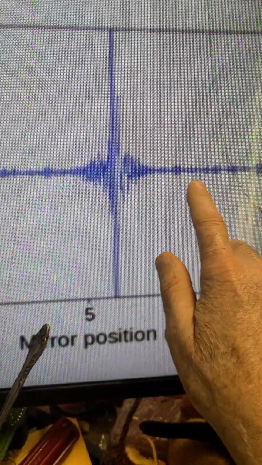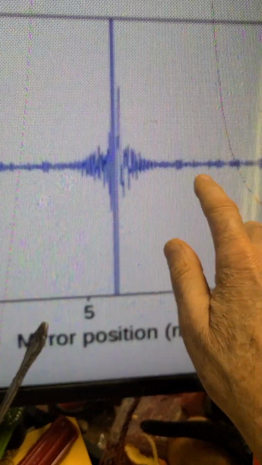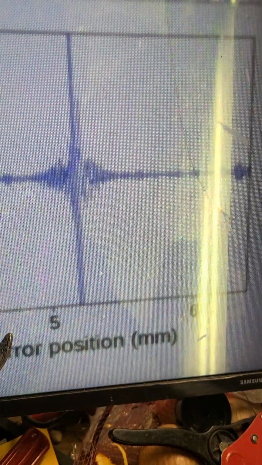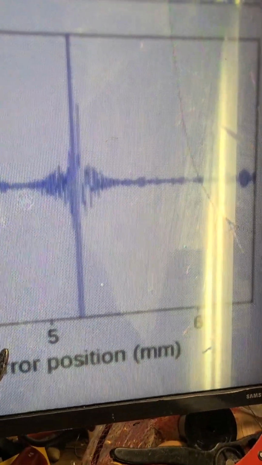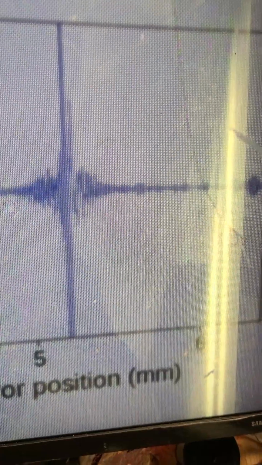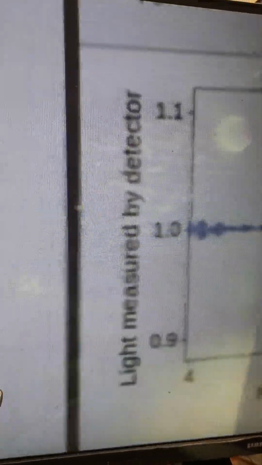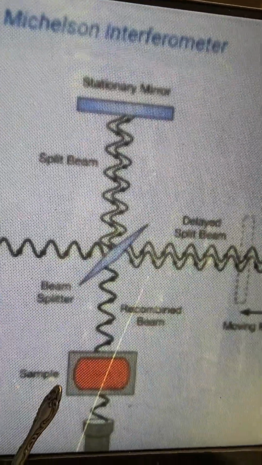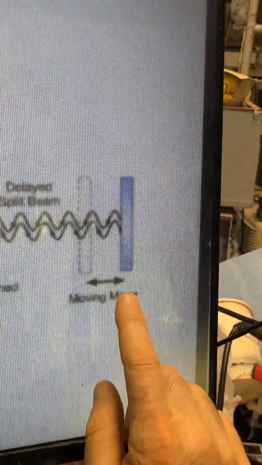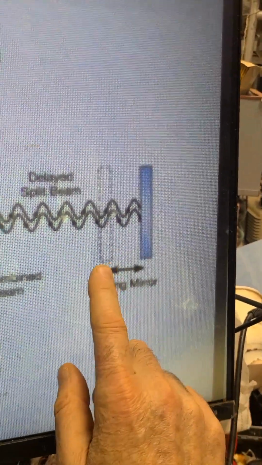Now, this is a graph of interferences caused by moving this mirror.